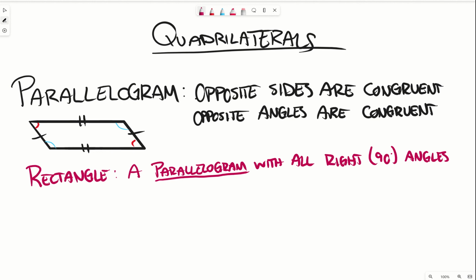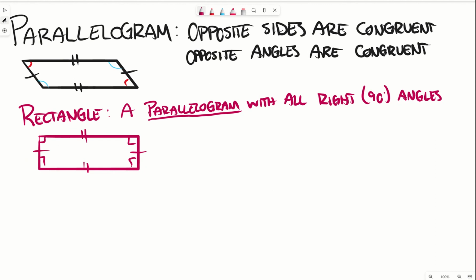It's a parallelogram with all right angles. So here we go: right angle, right angle, right angle, right angle, congruent opposite sides, and other congruent opposite sides. Okay, so a rectangle is very specifically a parallelogram with all 90-degree angles.